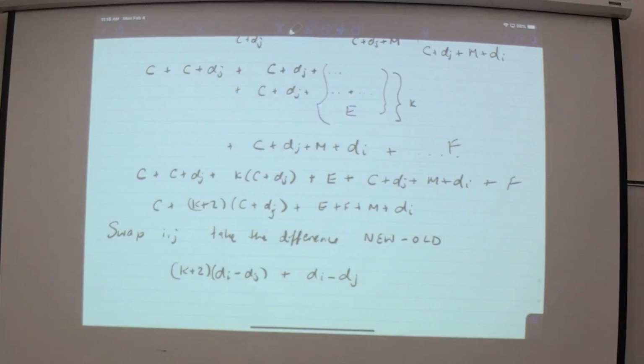What do we know about DI and DJ? DJ is greater than DI. Is this number negative or positive? DJ minus DI, because we are in new. Yes, that's what I thought. There was something wrong here. Thank you.